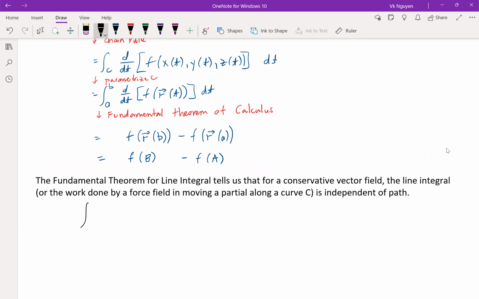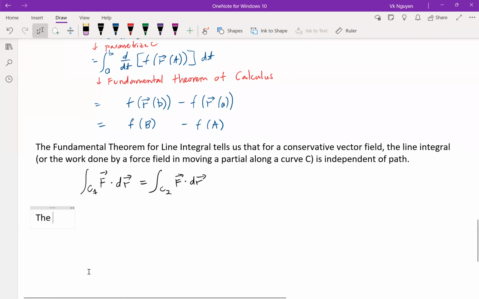The line integral over curve C1 of F dot dr is the same as, by the fundamental theorem for line integrals, the same over any other path.